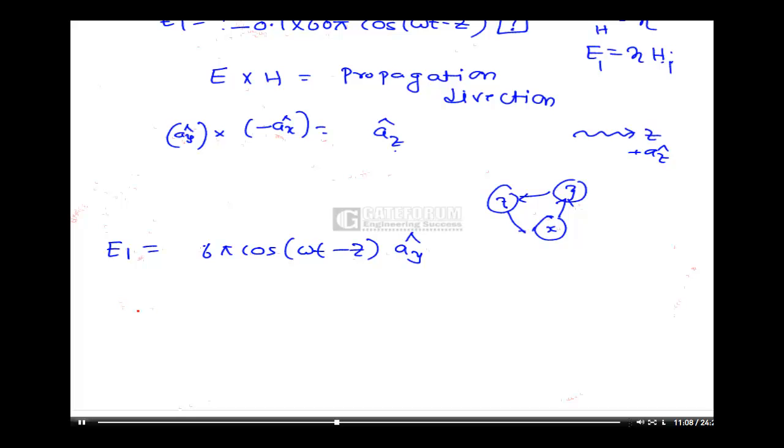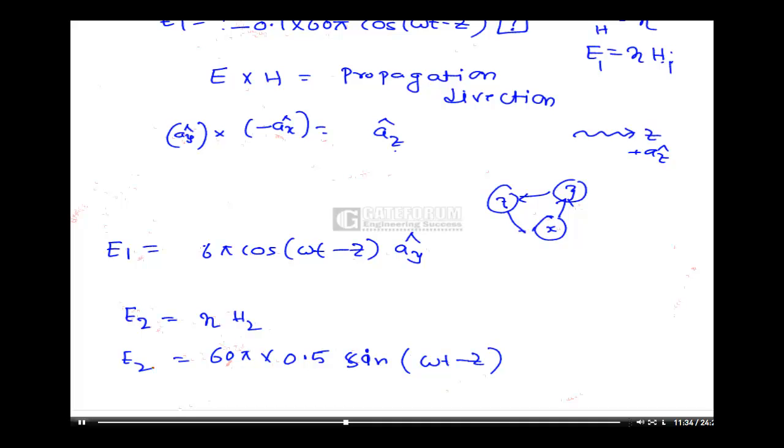Similarly, E2. E2 is nothing but eta into H2. You know this very well. This H2 is what? 0.5. Eta is 60 pi. So 60 pi into 0.5, this is given sin omega t minus z.